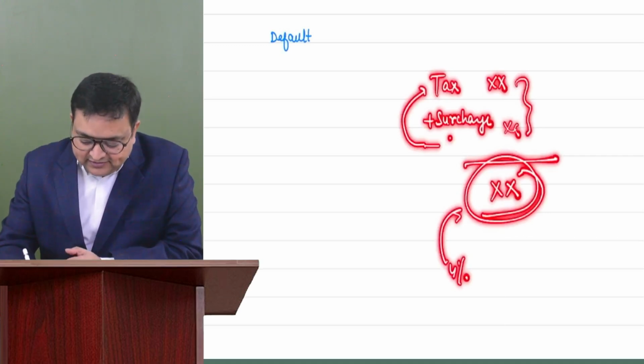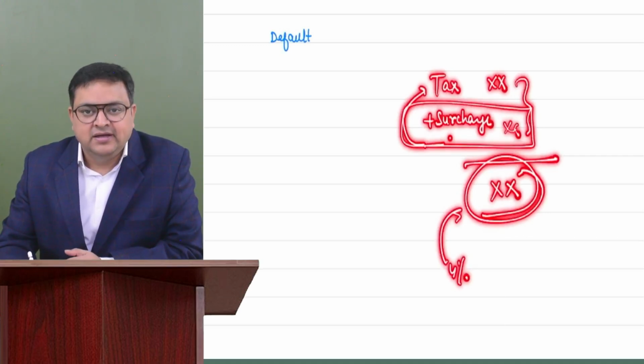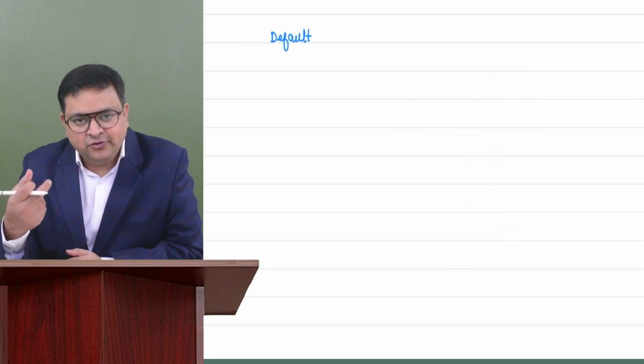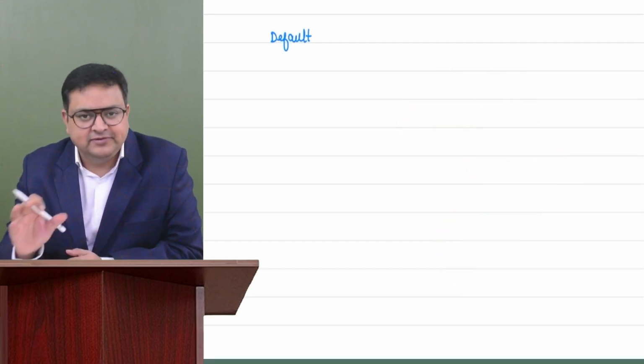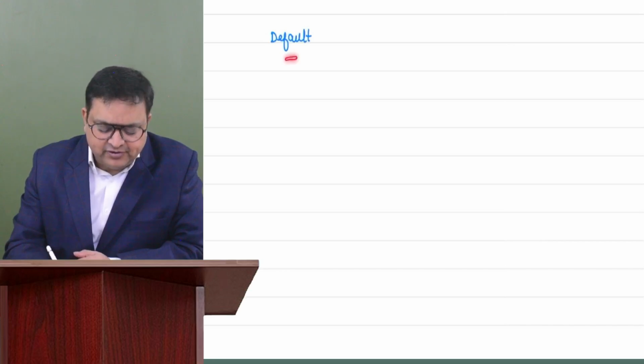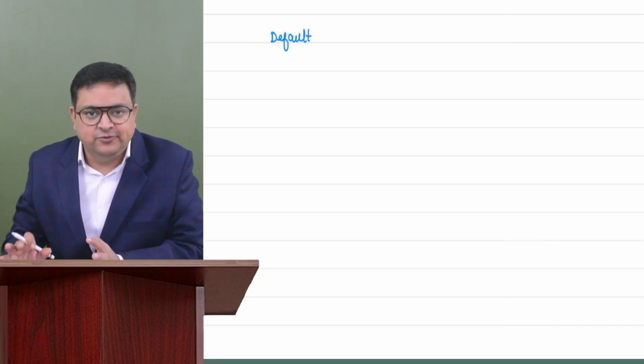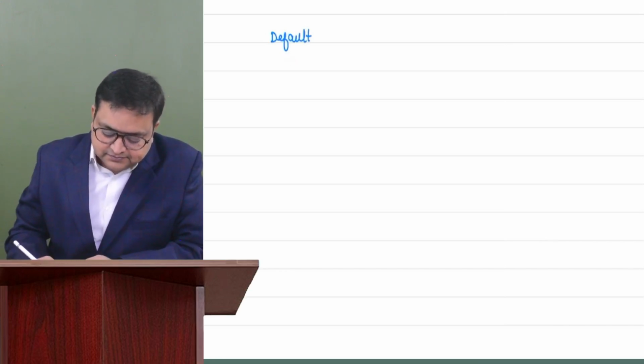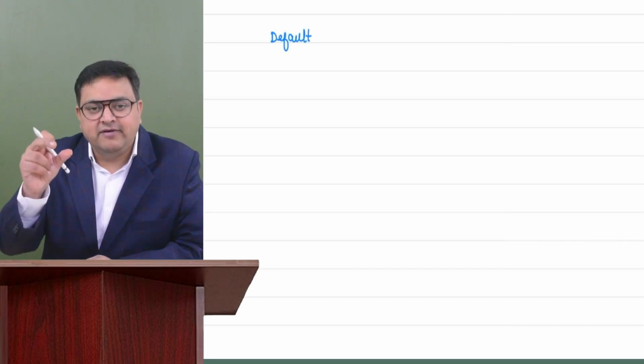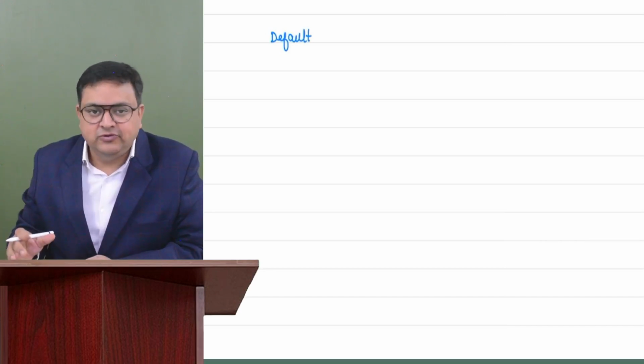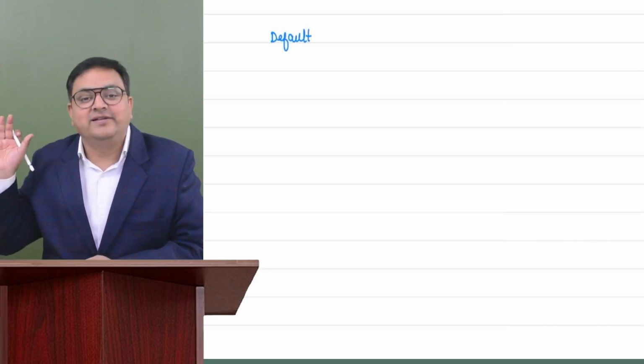Okay. Now let us see how much would be the surcharge rate, whether it would be 10%, 15%, or more than 15% also, 25% or 37% also. See, in default regime, it is not 37%, it is up to 25% only, maximum. So I'm dividing these rich assessees into three categories: rich, super rich, ultra rich.